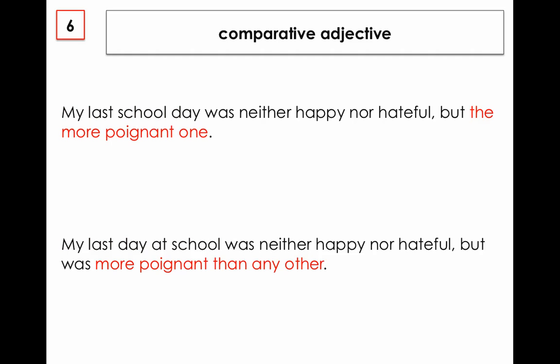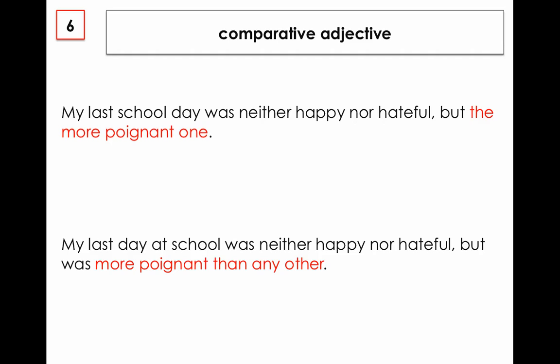Comparative adjective. We've got a long word here, poignant. A shorter adjective like tall, the comparative adjective would have er at the end. Tall, taller, tallest. But for longer adjectives with two or more syllables in, but I don't want to pretend there's a clear rule here when there isn't, we make the comparison by more.